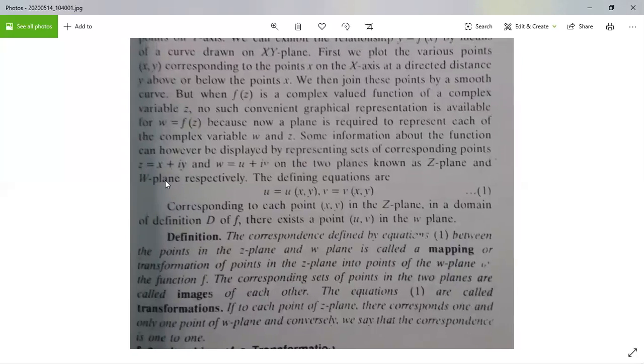The correspondence defined by equation 1 between the points in the z plane and omega plane is called a mapping or transformation of points in the z plane into the points of the omega plane. To the function f, the corresponding sets of points in the two planes are called images of each other.